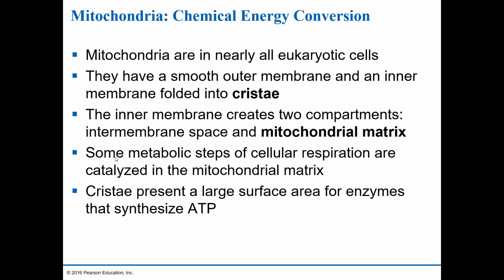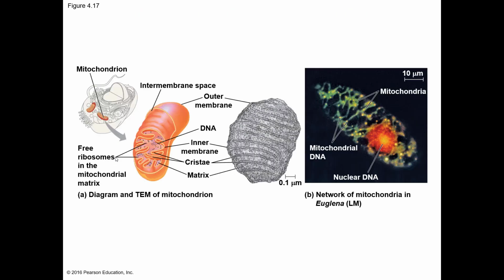And the very inside is the mitochondrial matrix. And the movement of electrons across the inner membrane is what makes tons and tons of ATP. So the cristae, being present in a super large surface area, synthesizes the ATP.